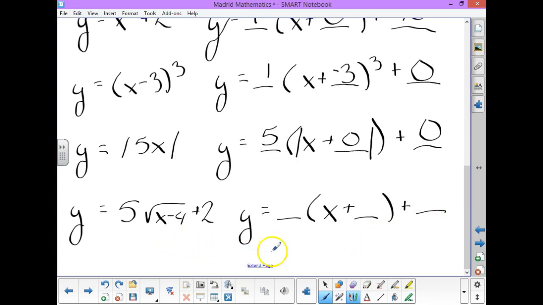Up front is the 5 as we can see, and before that the square root. Now we've got the 5 up front, we have the minus 4 in here, and we have the plus 2 at the end. Although that one looked tougher, it's actually a lot easier to put in this form. Thank you for your time.